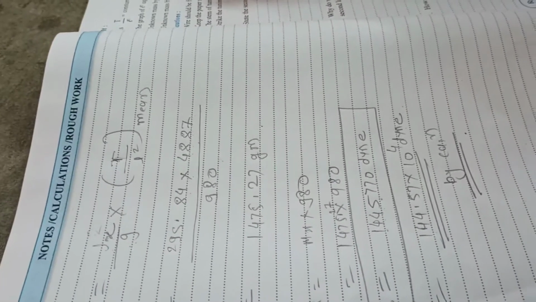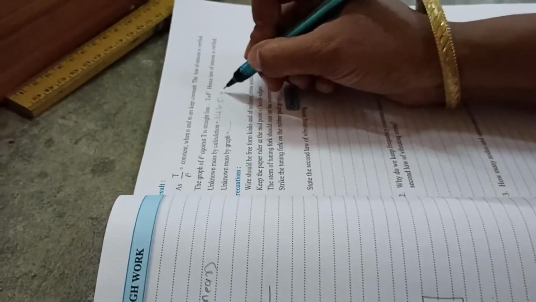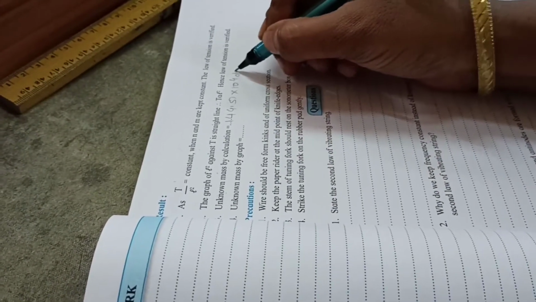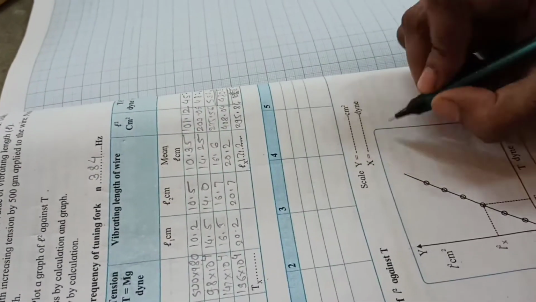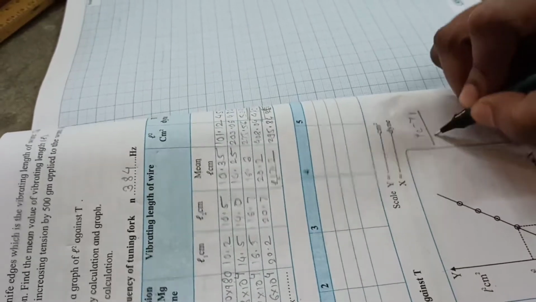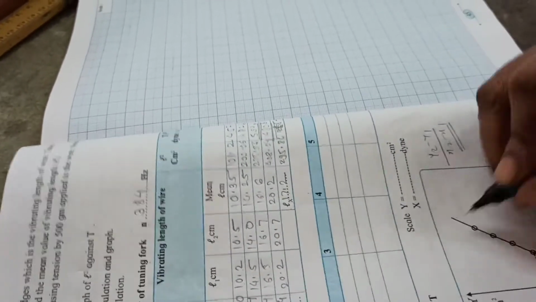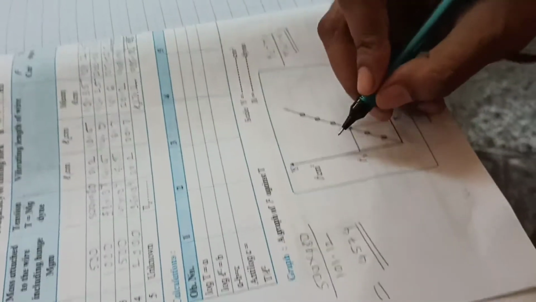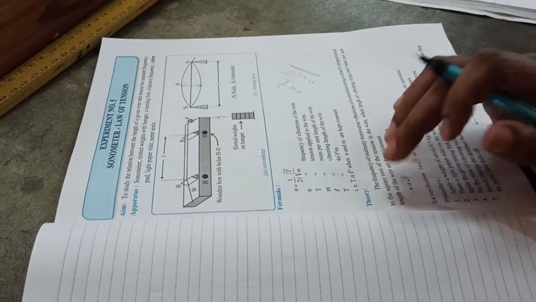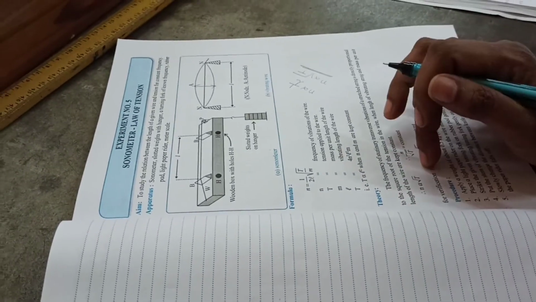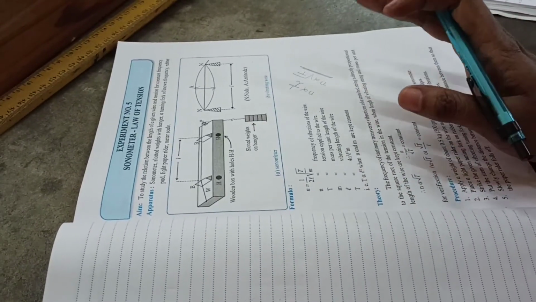The unknown tension by calculation is 144.57 into 10 raised to 4 dyne, and the unknown tension by graph we have to calculate using the slope, that is y2 minus y1 upon x2 minus x1. In this way, in this experiment, we study the relation between the length of the given wire and tension for a constant frequency. Thank you.